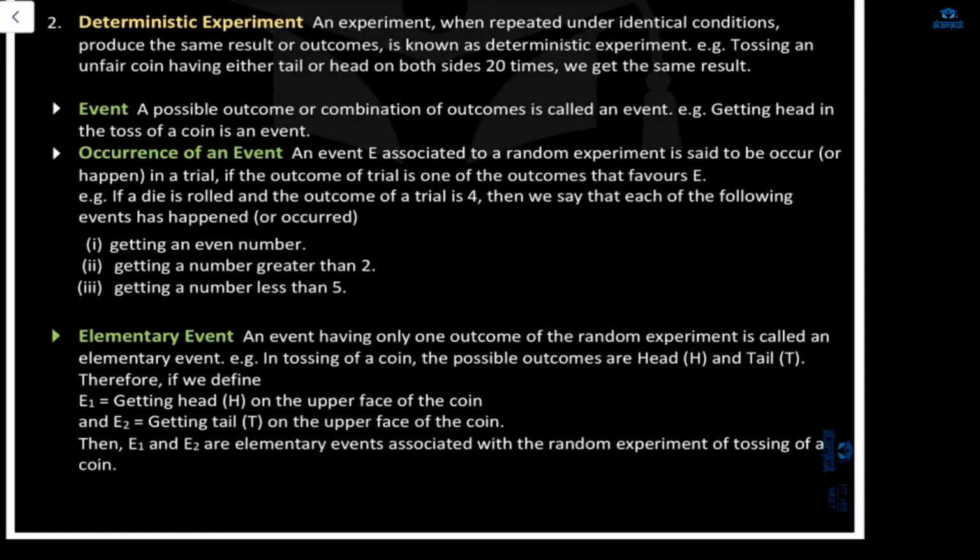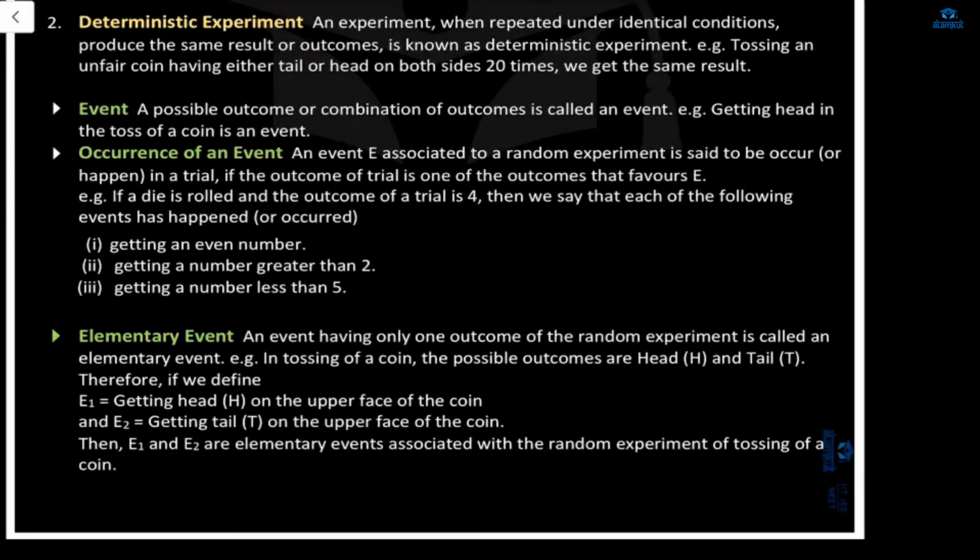If you are getting 4, 4 is an even number, so if you are finding the outcomes of getting an even number, then 4 is related to that. Getting a number greater than 2, it is related to that. Getting a number greater than 1, getting a number less than 5, all related. So this is the occurrence of an event. If 4 has occurred, this is the occurrence of an event.